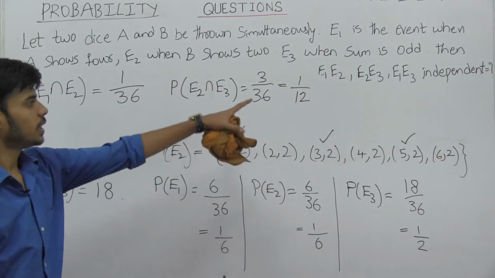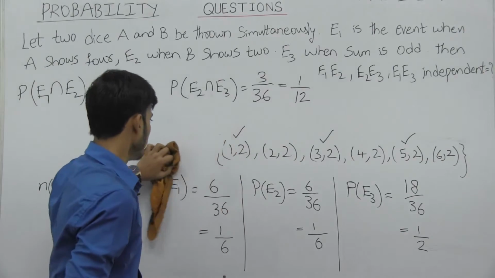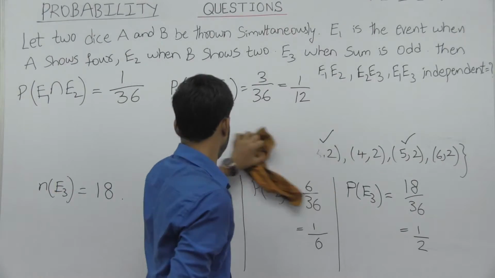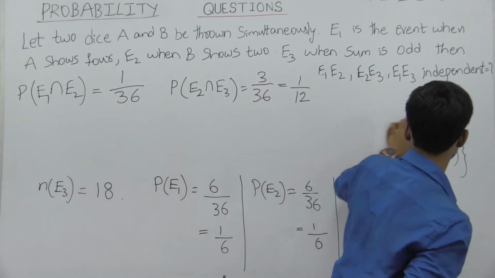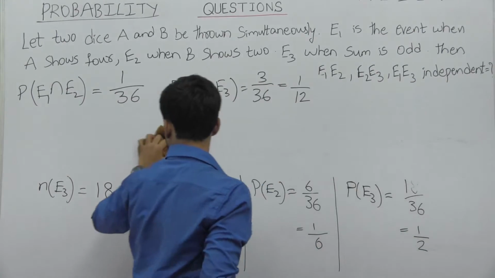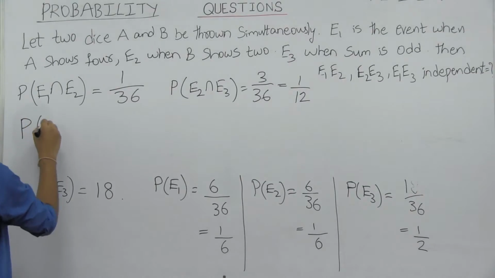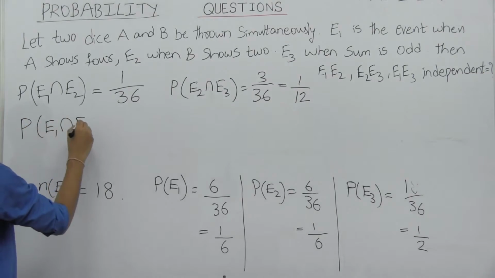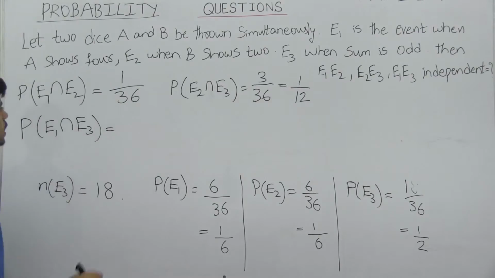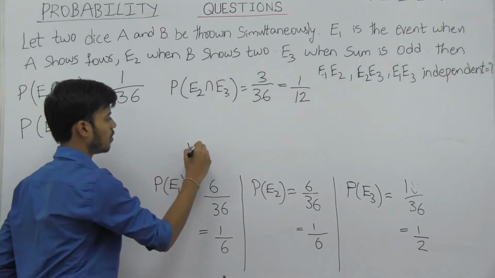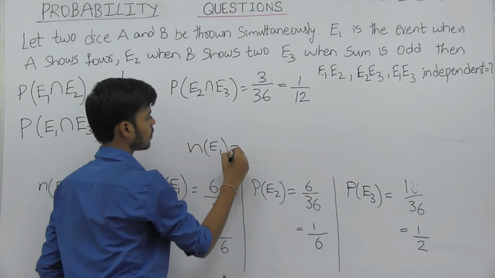Now we are left with E1 and E3. So the probability of E1 and E3: let's write event 1 once again.